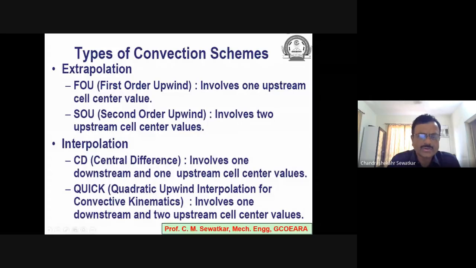And in the interpolation schemes, the first is the central difference scheme, which involves one downstream and one upstream cell center value. And there is another interpolation scheme called QUICK, which is quadratic upwind interpolation for convective kinematics, which involves one downstream and two upstream cell center values. We will look into all these convection schemes one by one.